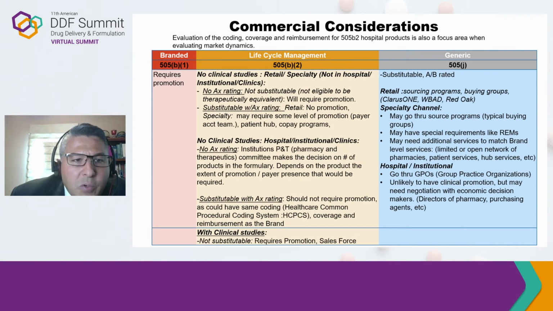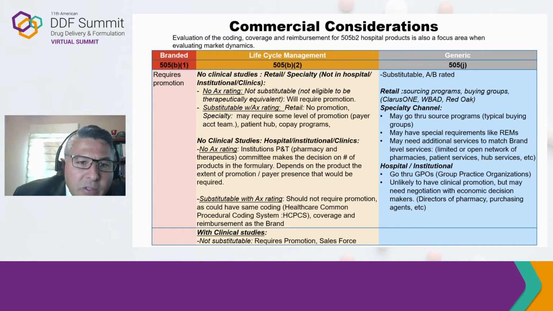As opposed to if it's substitutable with an AX rating, once again, after submitting a citizen's petition and getting the favorable information from the FDA, and it goes through the retail channel, no promotion. If it goes through a specialty channel, it still may require some level of promotion. As with generics, it may have to go through some sourcing programs and have special requirements like REMS or additional services to match the brand level services.